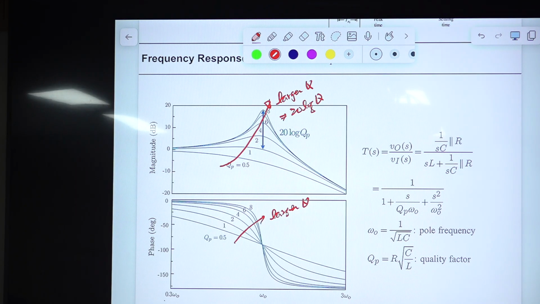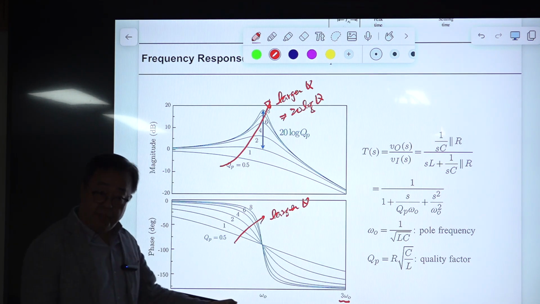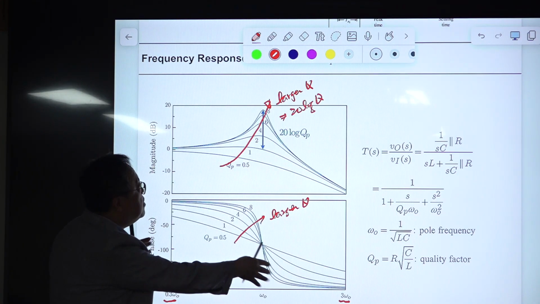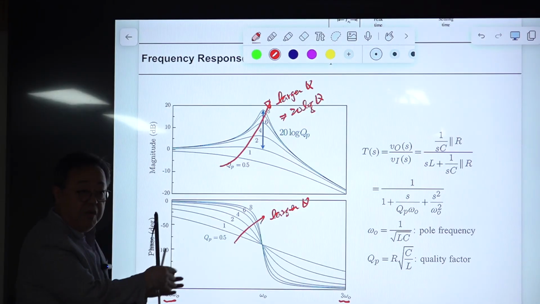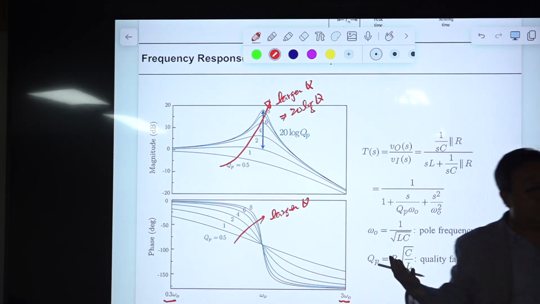Right. So I simulated this with PSpice according to this range. This is 1/3 of the double pole frequency. This is three times the double pole frequency. So there is some variation in this manner during that frequency. This is very different from the single pole or single zero case, but we already know this, right?